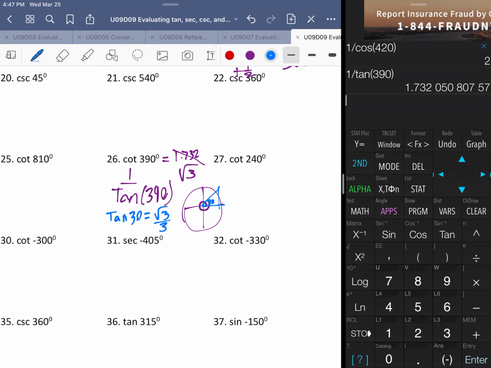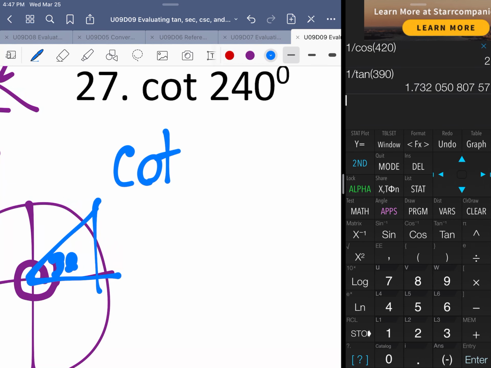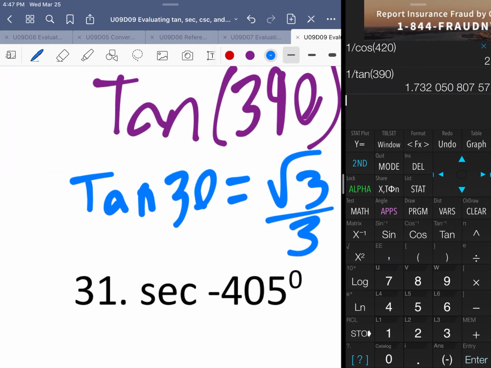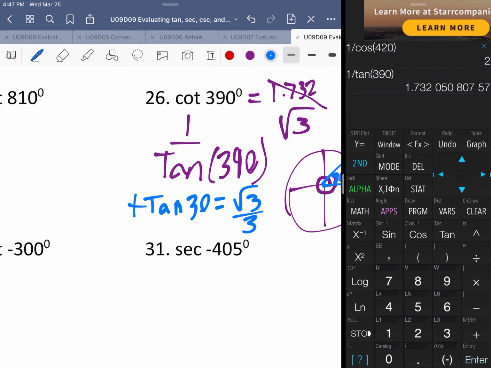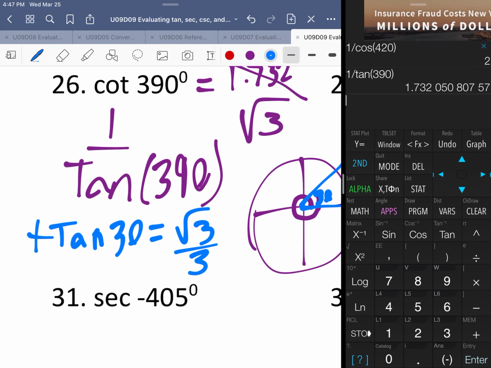Then to find the cotangent of 30, or the reciprocal of that, it would be the positive tangent of 30, because we're in quadrant 1 and tangent's positive there. We should get radical 3 over 3 from our table.